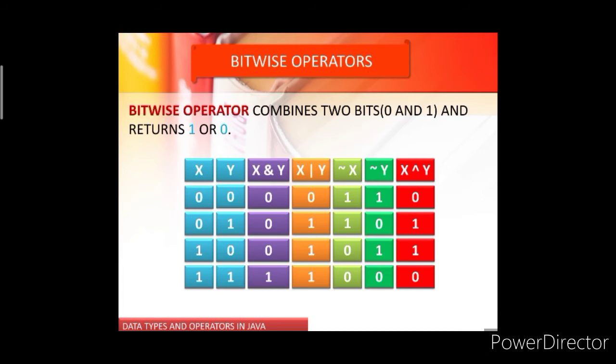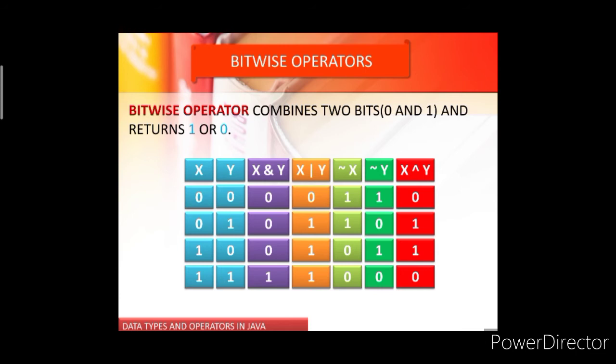So like this, we see the table over here. X and Y are the 2 bits, and the possible combinations are 0 0, 0 1, 1 0 and 1 1. So when I am combining X and Y using bitwise AND, 0 0 will give you 0, 0 1 will give you 0, 1 0 will give you 0, only 1 1 will give you 1.